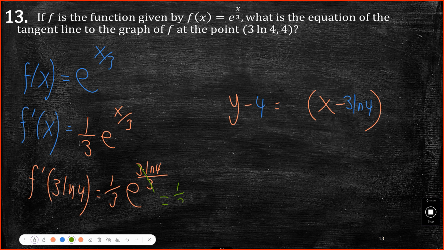We'll go step by step. 1/3 e to the ln 4. Then what? Don't these cancel out? Yes, they're opposites, so they cancel out.